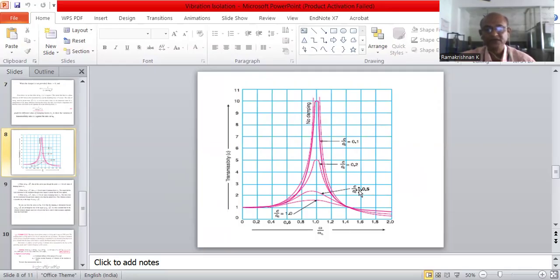For all the values of the C by Cc ratio, the epsilon is 1.